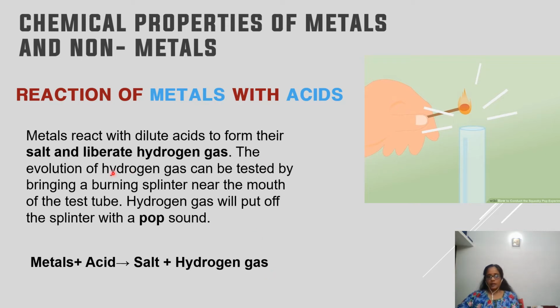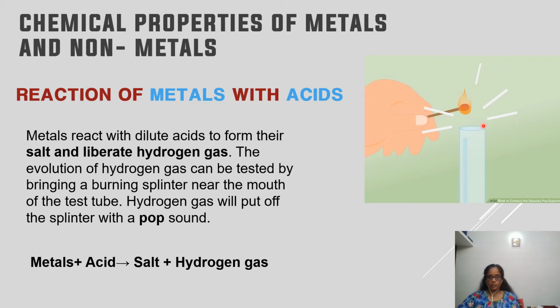The evolution of hydrogen gas can be tested by bringing a burning splinter near the mouth of the test tube. When metal reacts with acid, one gas is formed, but we don't know which gas. To find the presence of hydrogen gas, we can do one test. What is that test? Here, in this picture, you see the test tube, and a gas is coming outside.